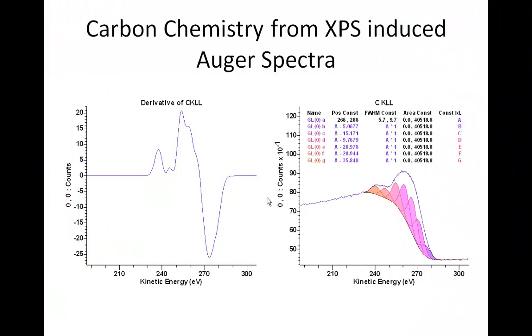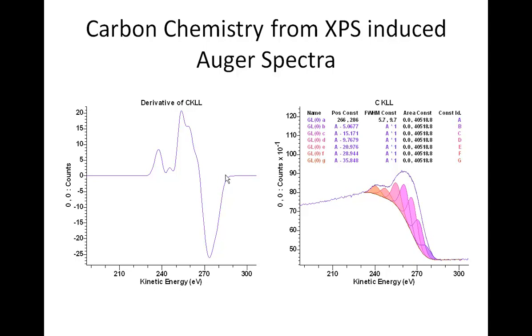In this video we're going to look at how to characterize carbon in terms of sp2, sp3 proportions. We're going to do this using the carbon Auger peak, and this also involves differentiating data so that we can work out a D parameter that is characteristic of different sp2, sp3 hybridization.